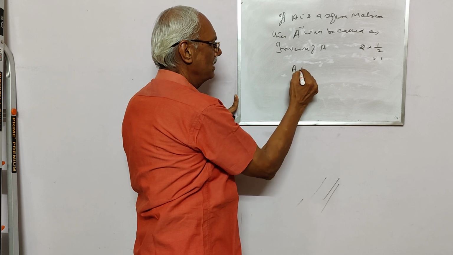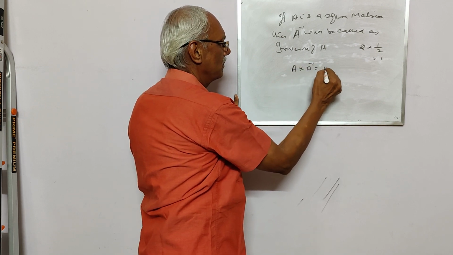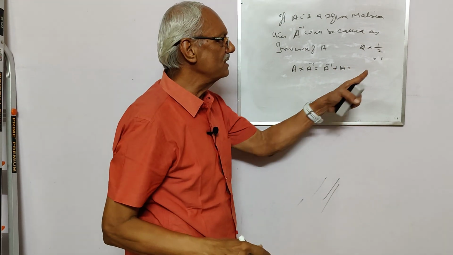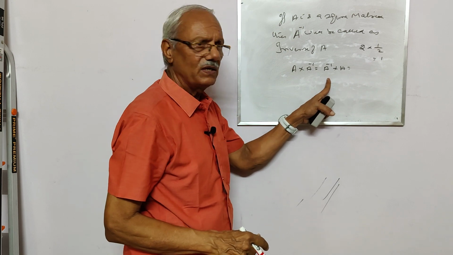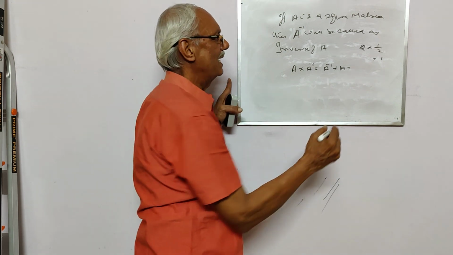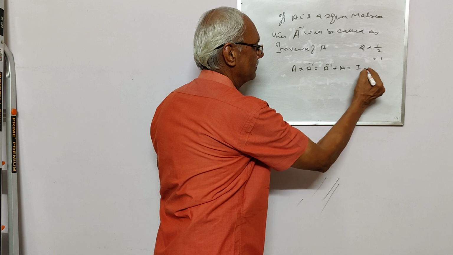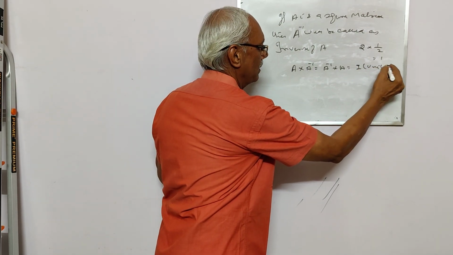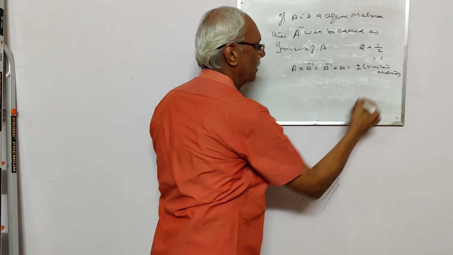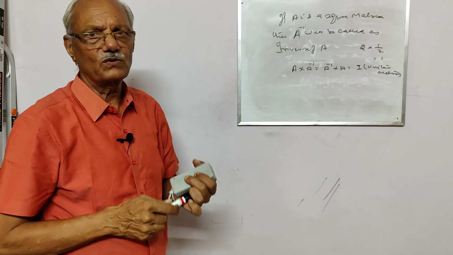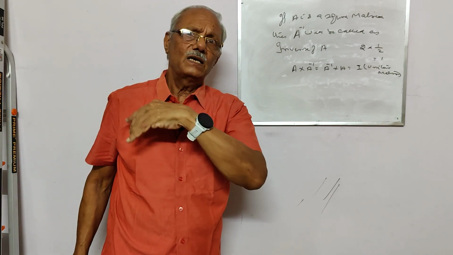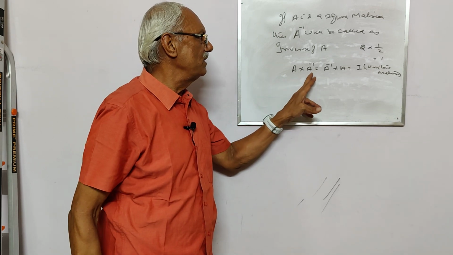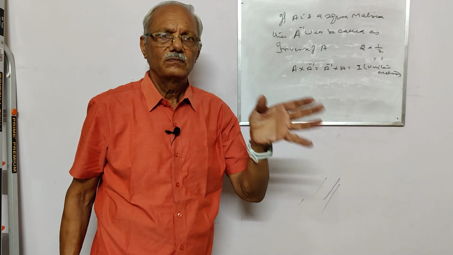So A into A minus 1 must be equal to A minus 1 into A. 1 means, if it is a number, it is 1. But here we are dealing only with matrices. So this has to be a unit matrix, the unitary matrix. If A is a given square matrix, I can think of finding the inverse of A. That inverse of A will be denoted by A to the power of minus 1.